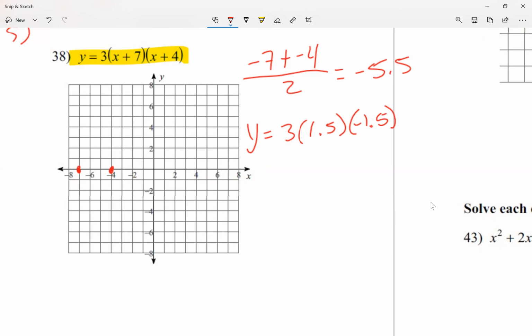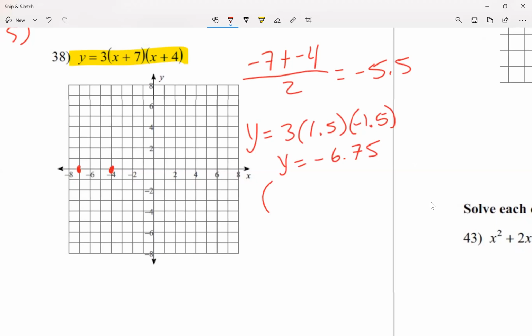Multiply that out, and I get that my y value is -6.75. So my vertex is -5.5 and -6.75. Not a nice vertex, but doable.